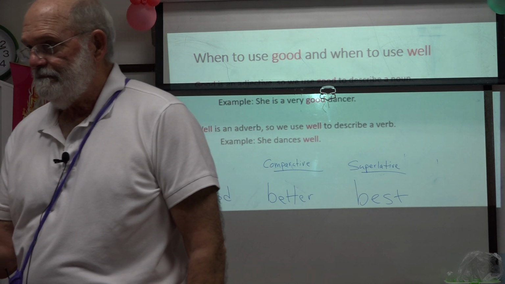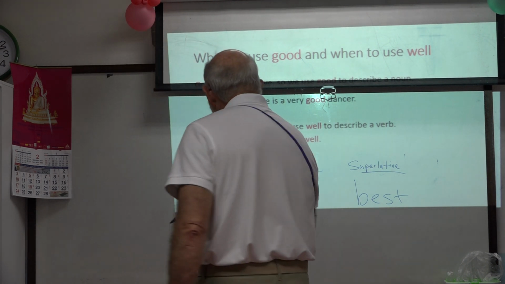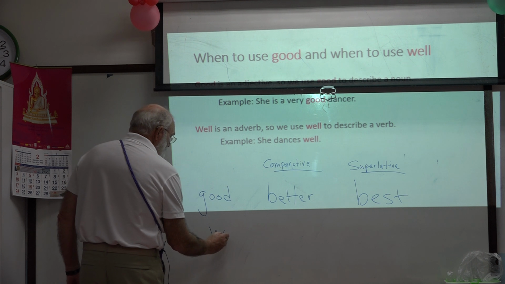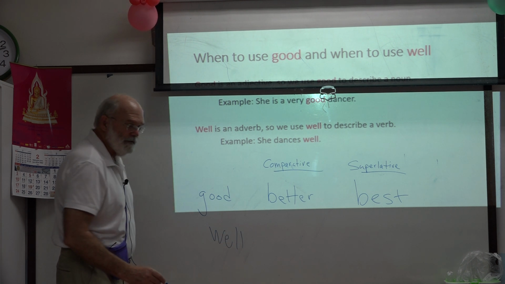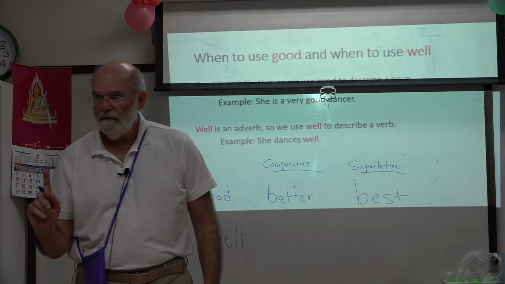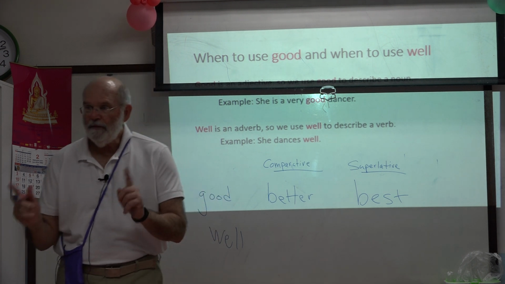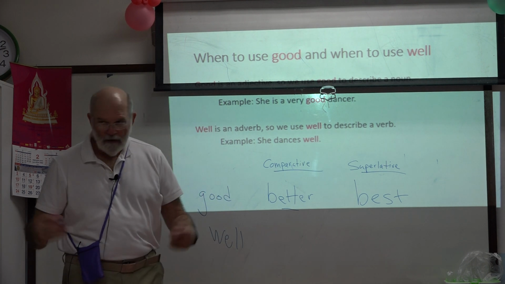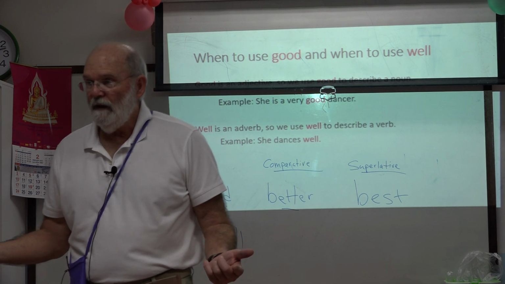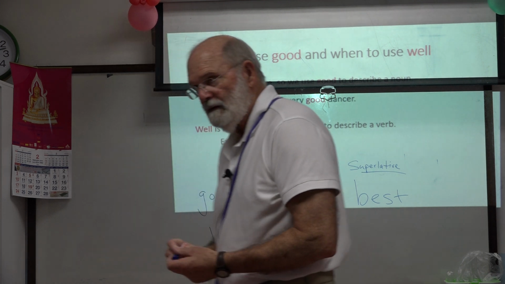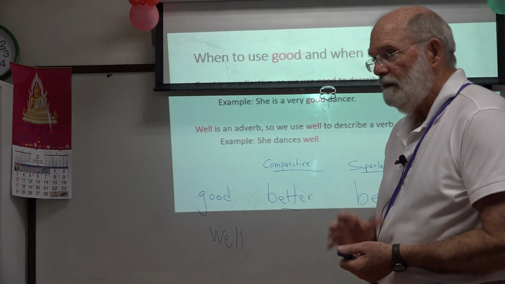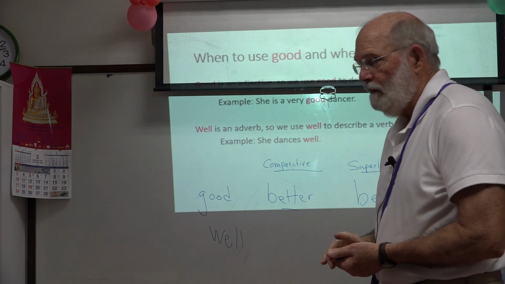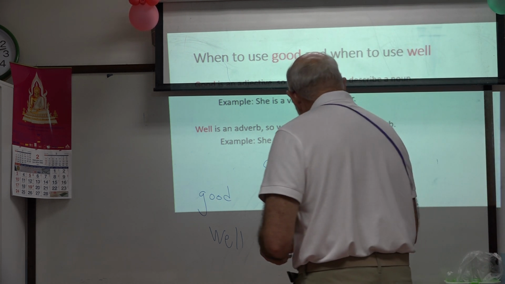When we use good or well, we're just talking about one person. But if we're comparing, then we would say better and best, regardless of whether we're using good or well.